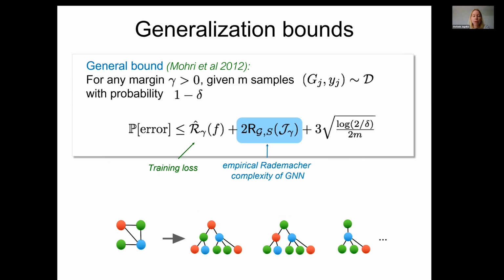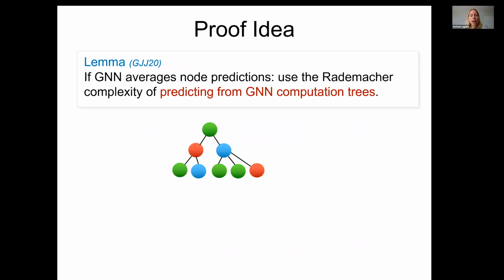So we should probably be using that, and in fact, you can use it very usefully. What one can show is that the Rademacher complexity of the entire GNN can be bounded by the Rademacher complexity of predicting from any computation tree.